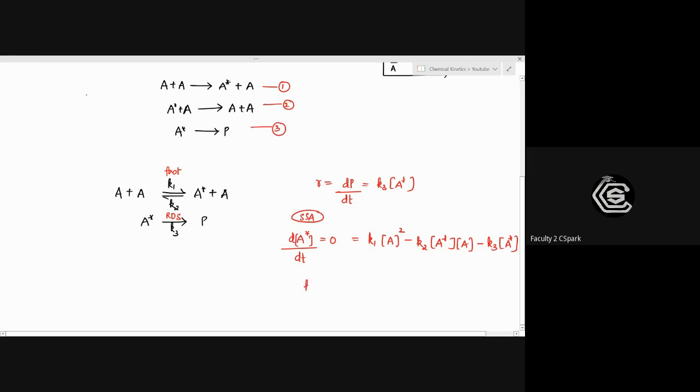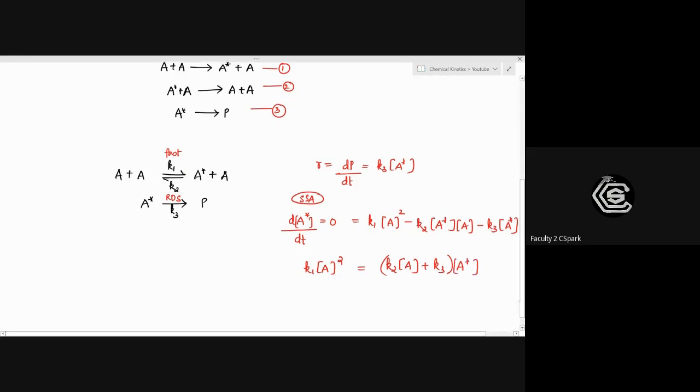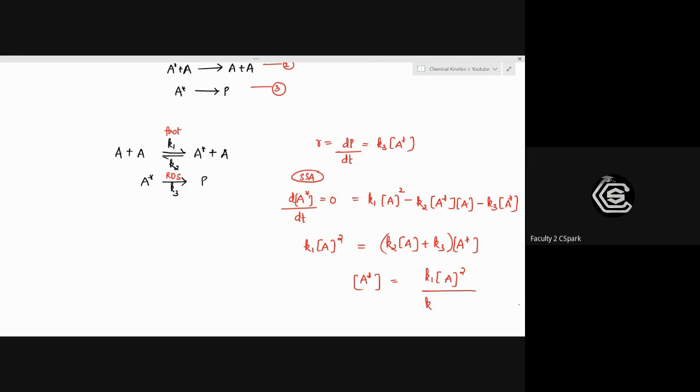Upon rearranging, the expression that you will get is K1A squared is equal to K2 concentration of A star times A plus K3 into concentration of A star, and concentration of A star is equal to K1 concentration of A to the power 2 divided by K2A plus K3. Now this is the expression for A star, which will be substituted here.